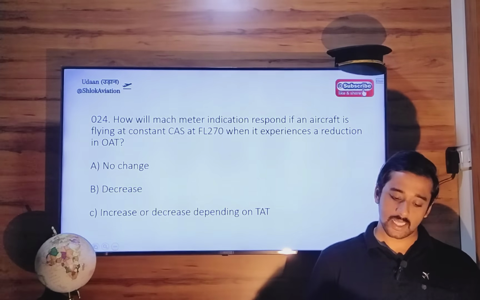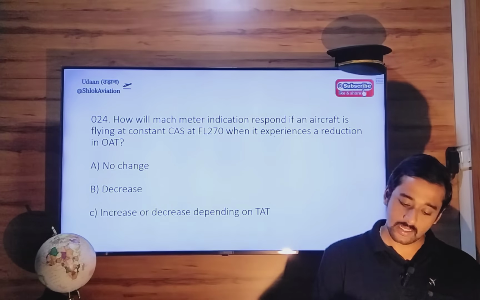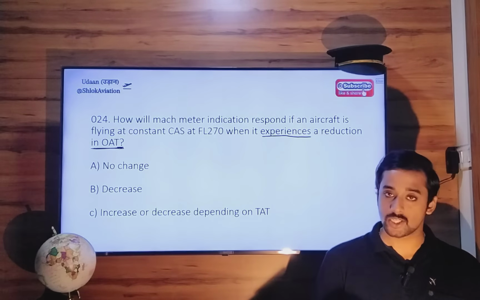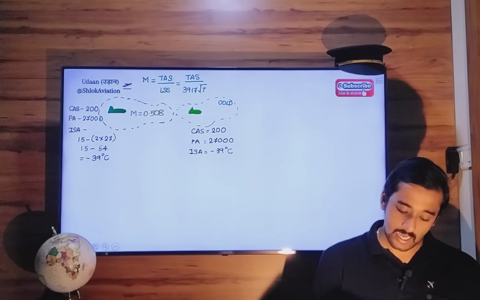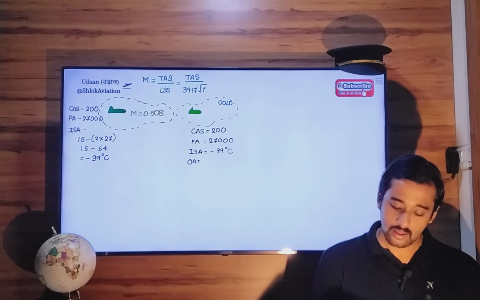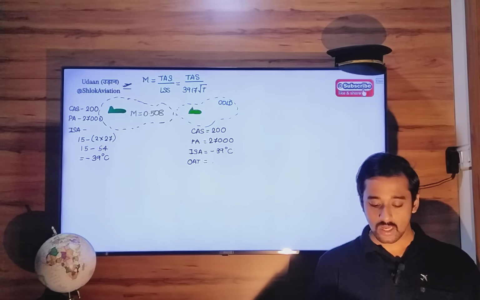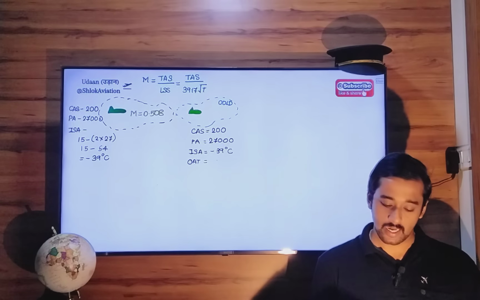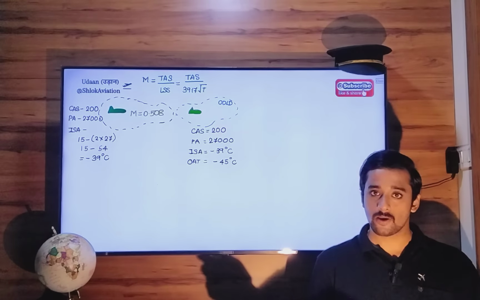But as given in the question, aircraft experiences a reduction in outside air temperature. That means it is experiencing colder temperature. So let's take any temperature colder than minus 39 degrees Celsius, let's say minus 45 degrees Celsius.